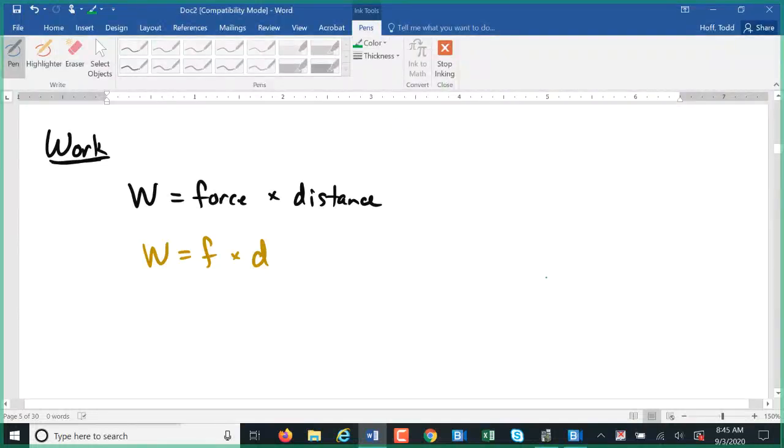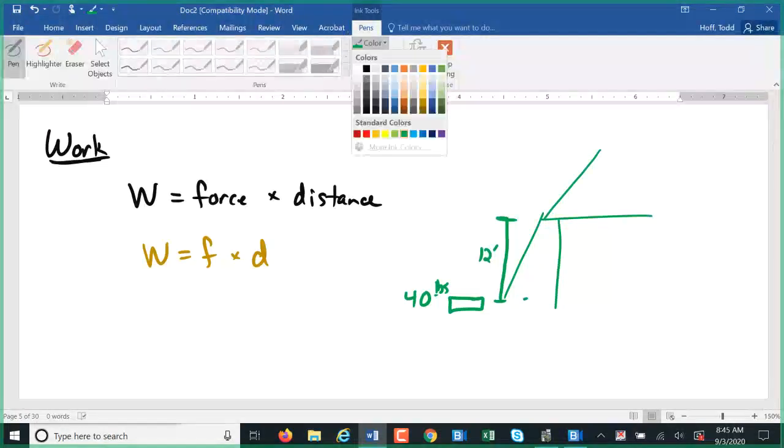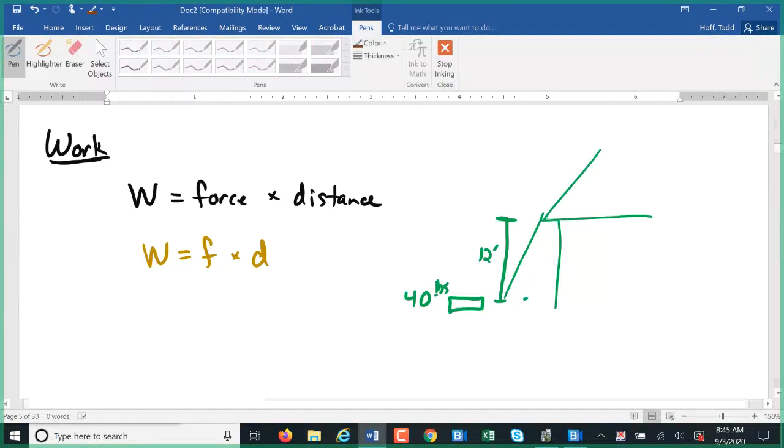So let's say that I am going to carry shingles up a ladder, a bundle of shingles. Let's say that bundle of shingles is 40 pounds. And I'm going up a roof that is 12 feet high. Now we're going to ignore the fact that we're going at an angle. We're just lifting them straight up to the roof because that's really the work that's being done against any force.